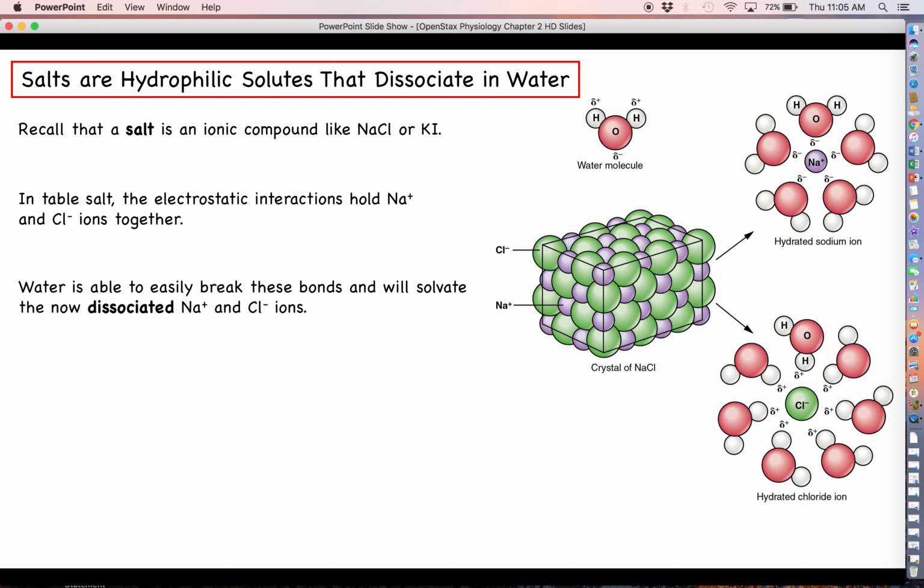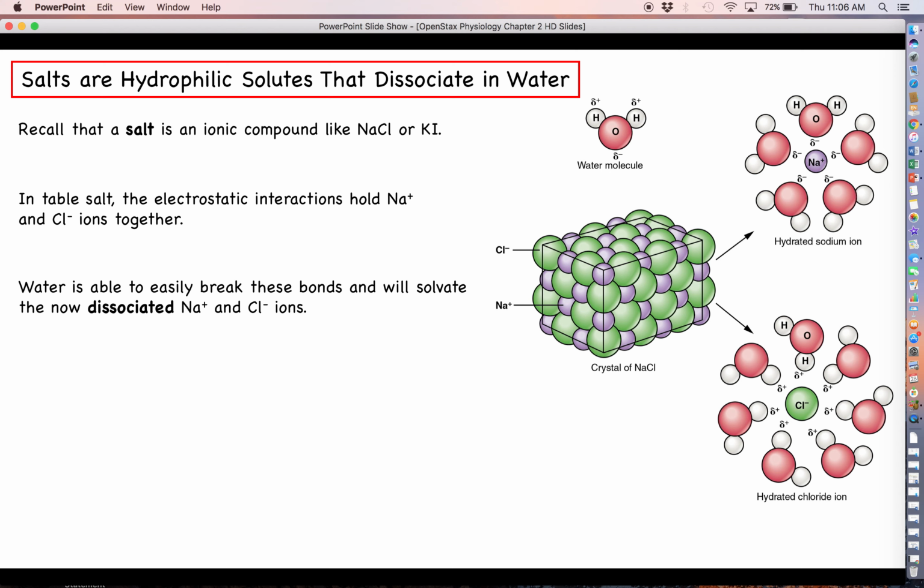So we already mentioned that water is able to very easily break these bonds and solvate the sodium and chloride ions, meaning that if you look over here, when you dissolve salt in water, you're going to have just individual sodium ions that are surrounded by water and individual chloride ions which are surrounded by water.